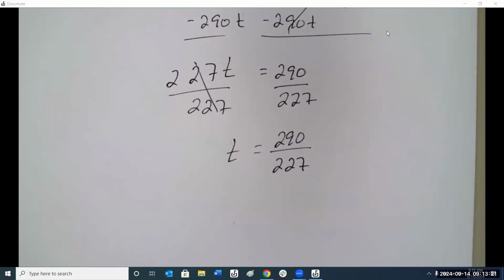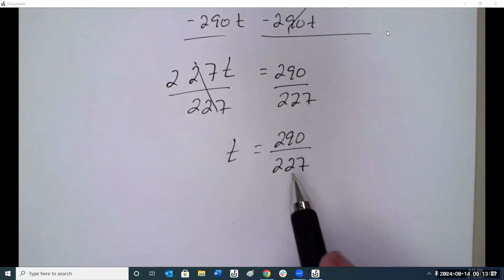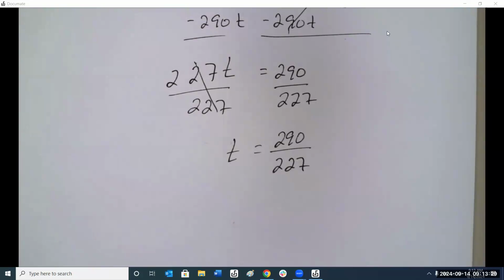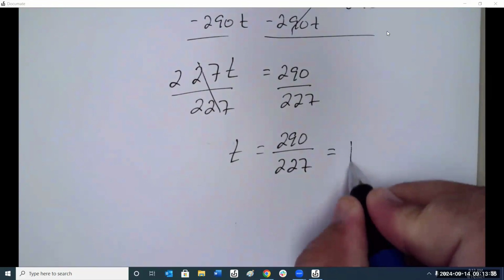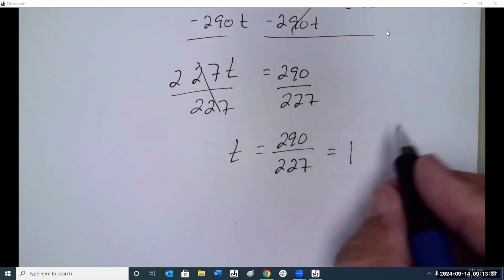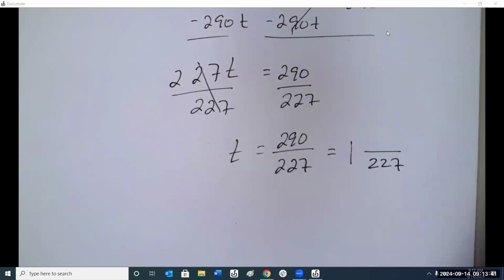And we know it's going to be an improper fraction. So 227 goes into 290 once. Now the difference is what's important. 227 goes into 630, 53 times.